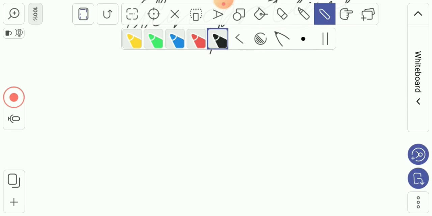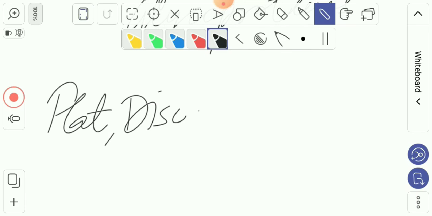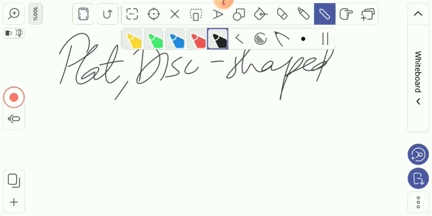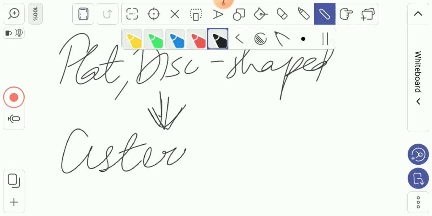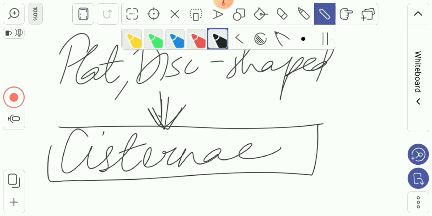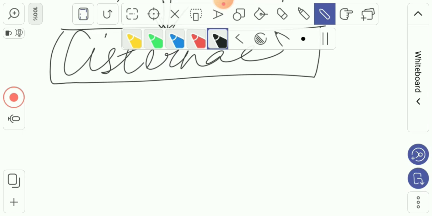About the structure of Golgi apparatus is that it consists of flat disc shaped structures which are known as cisternae. Okay, so remember this. And this has basically two phases.